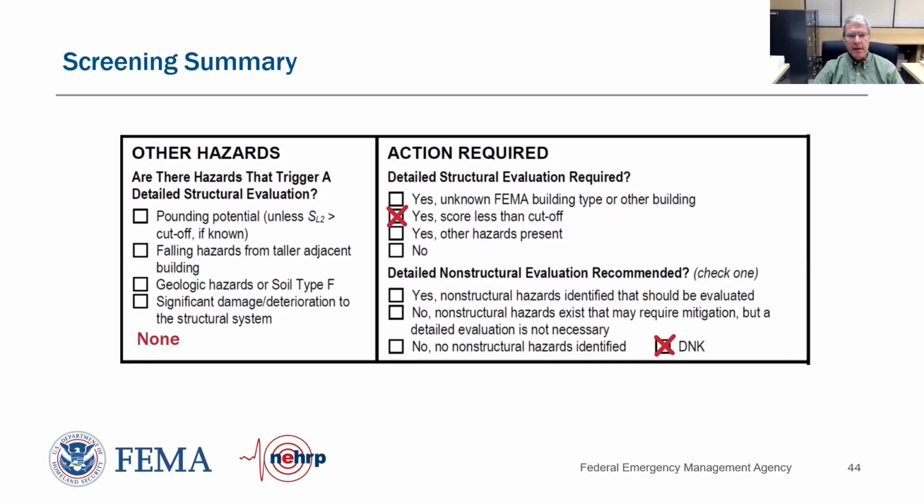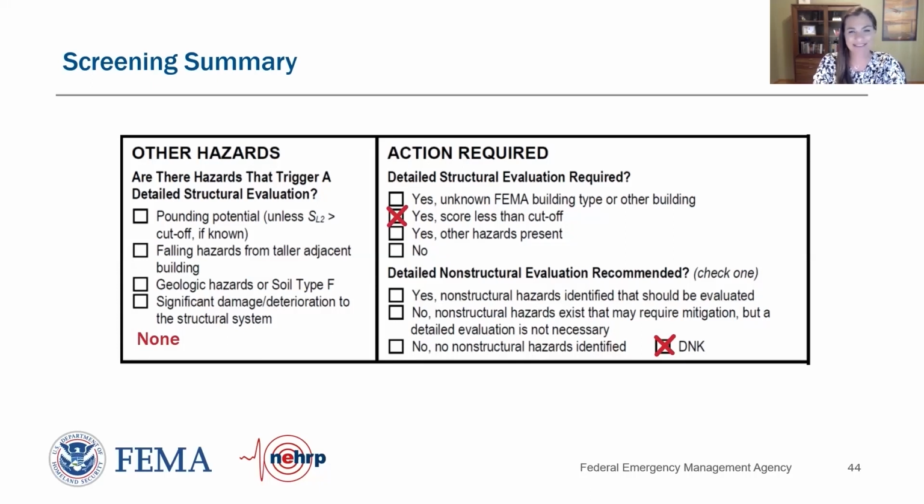So any final comments regarding completion of the form, Sarah? I think that we did a very thorough job. In this example, we looked at Google Earth and some photographs, but actually being on the ground, walking all the way around the perimeter of the building, would have been essential for really understanding all those adjacency and pounding issues and getting a real good sense of the building.